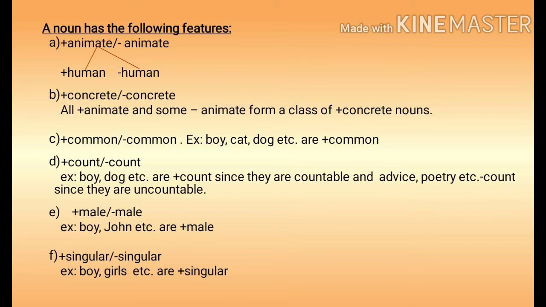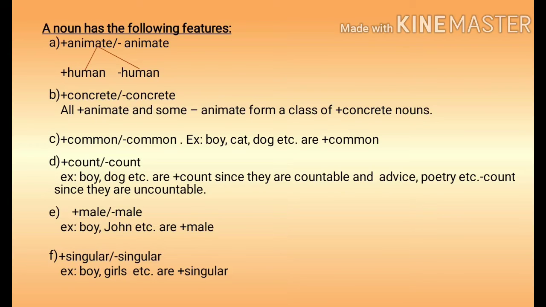Next one, plus concrete or minus concrete. That is, presence of concrete or absence of concrete noun. All plus animate and some minus animate form a class of plus concrete nouns. That means presence of all animate and absence of some animate form a class of concrete nouns.